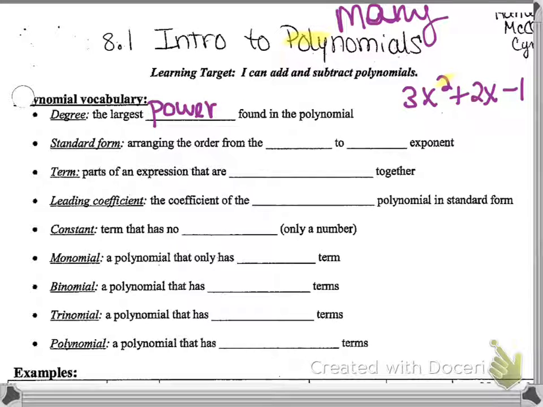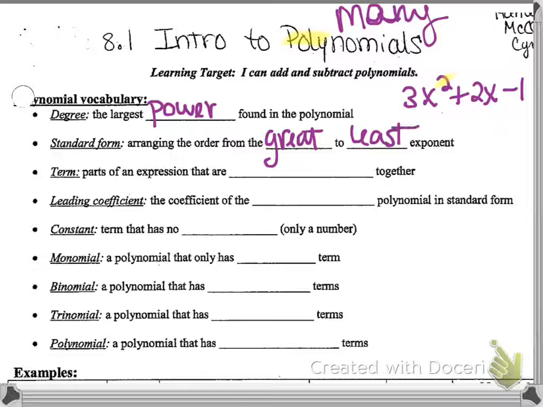For the next piece, we want to talk about standard form. The polynomial that I created was in standard form, and that's because we arranged the order from greatest to least.